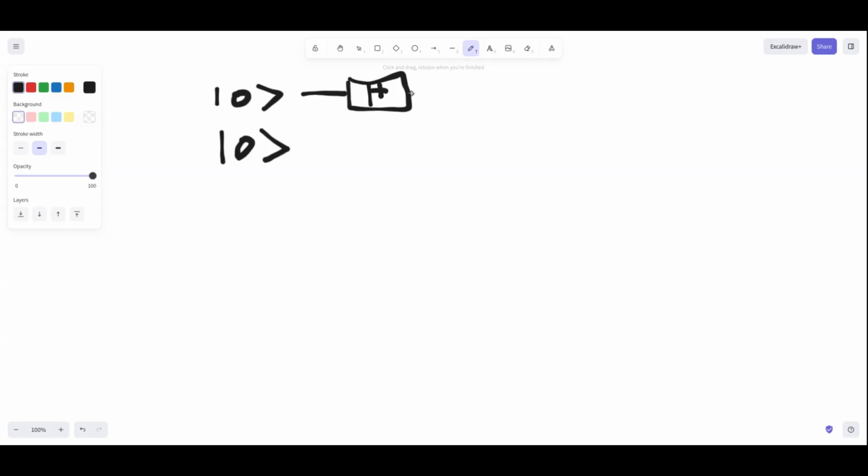After we proceed with this gate, so control gate.